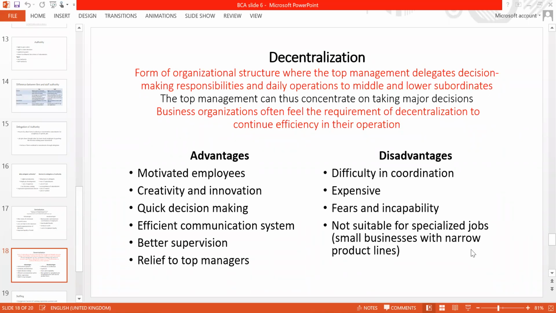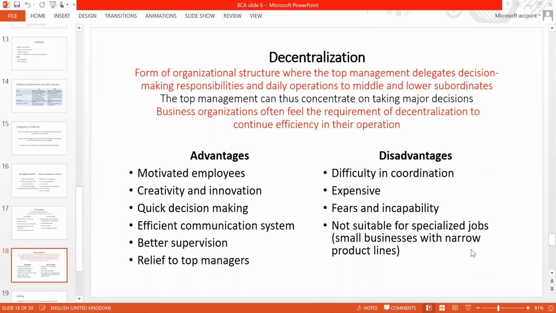Those things are eliminated by having the decentralized structure. All the disadvantages of the centralized structure get eliminated when you delegate responsibilities and authorities to the people downwards.